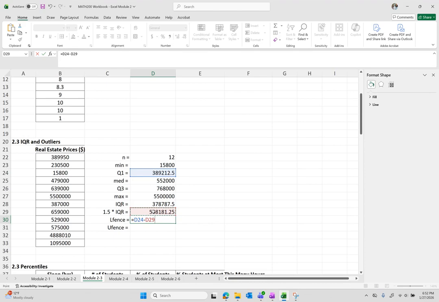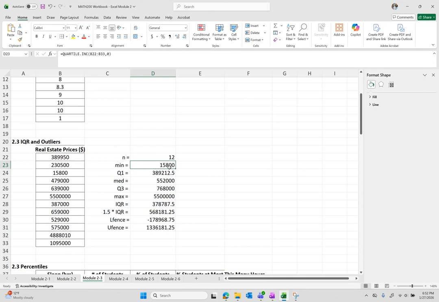Everything outside of that will be questioned and inspected. And the upper fence equals Q3 plus 1.5 IQR. So the lower fence is negative 178,000 and my minimum is 15,000.